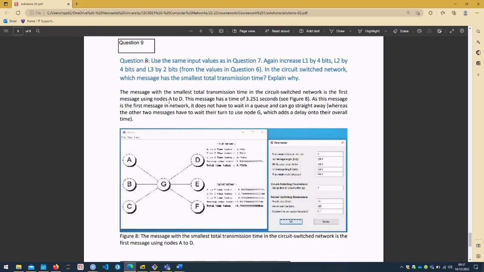I guess you assume that the message coming from A is queued first, so therefore is sent first to D and arrives before the other message, which has a similar size. Right? Yeah. As it says here, as this message is the first message in the network, it doesn't have to wait in a queue and can go straight away.